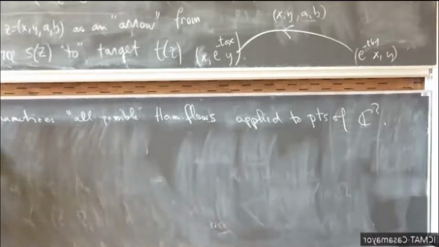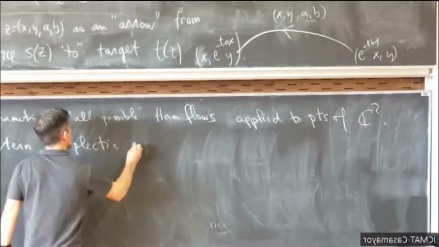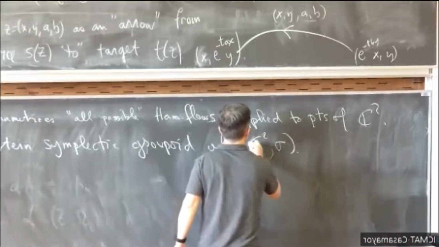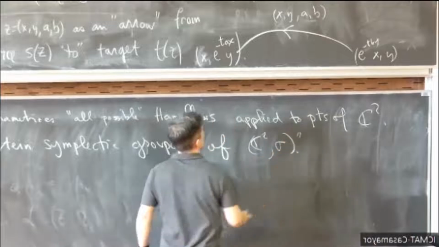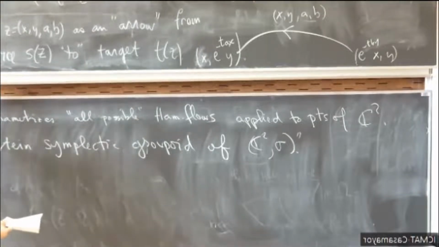And this thing has a name. It's one of the primary objects of study in Poisson geometry, and it's called the Weinstein symplectic groupoid of C2 with Poisson structure sigma. It's a topic of much research, and it so happens that in this case, with such a simple Poisson structure, we can write the Weinstein symplectic groupoid in a very explicit way.